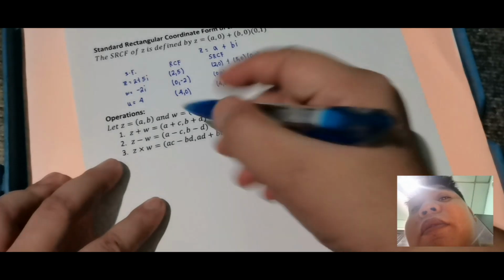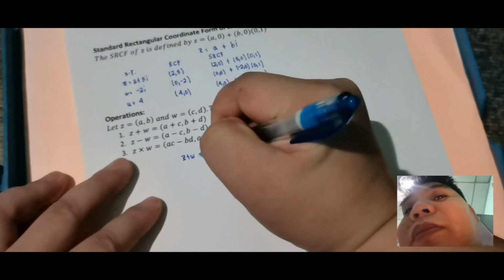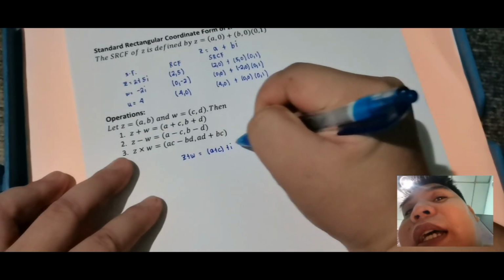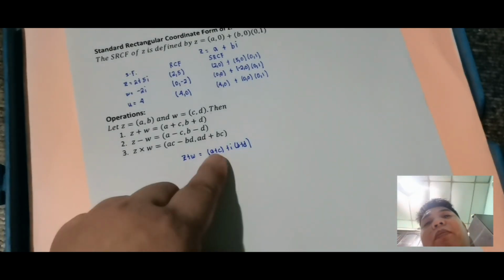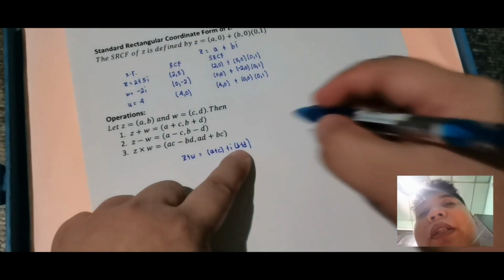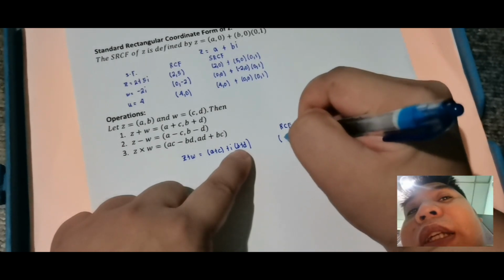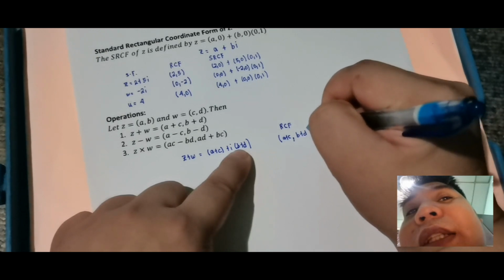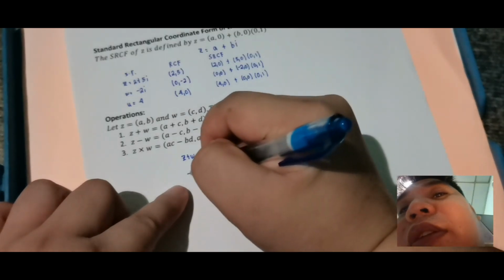So, alalahanin nyo lang na from standard form, z plus w is equal to a plus c plus i times b plus d. Okay, note that ito yung real part, ito yung imaginary part. So pag ginawa ko siyang RCF, that is a plus c, b plus d. Okay, so ganun nangyari.